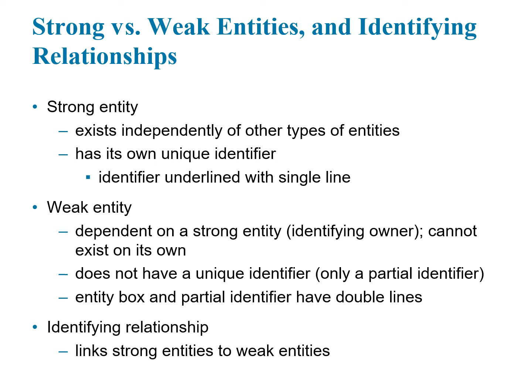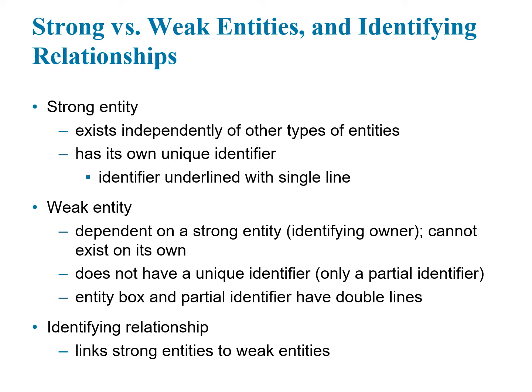Strong versus weak entity and identifying relationship. Most of the basic entity types to identify in an organization are classified as strong entity types. A strong entity type is one that exists independently of other entity types.